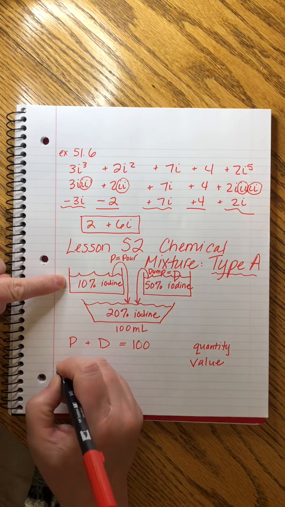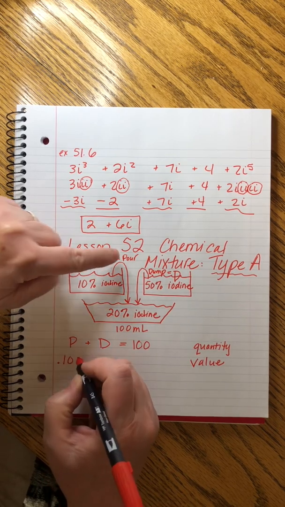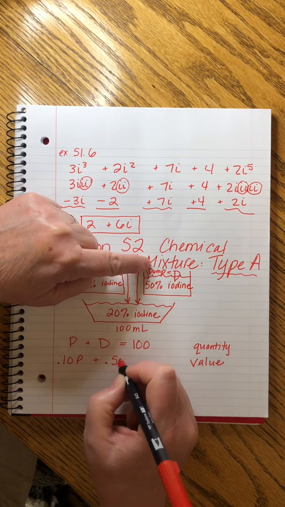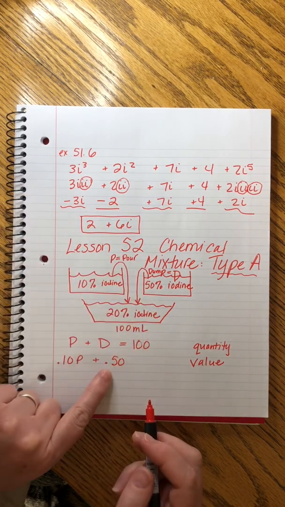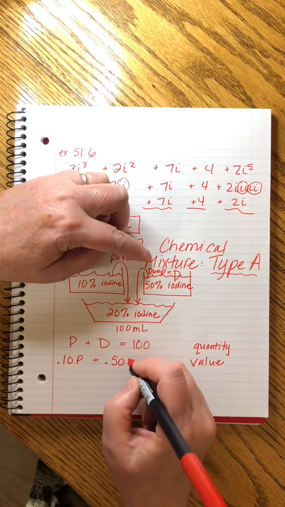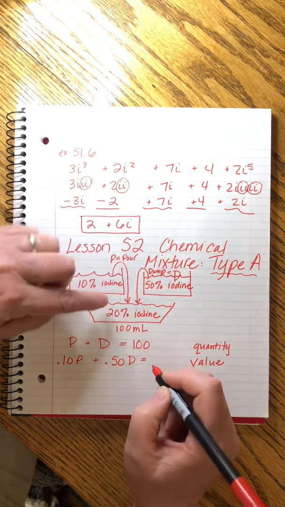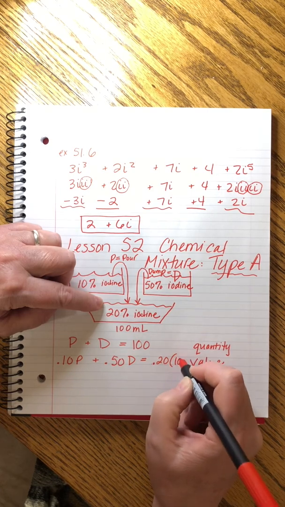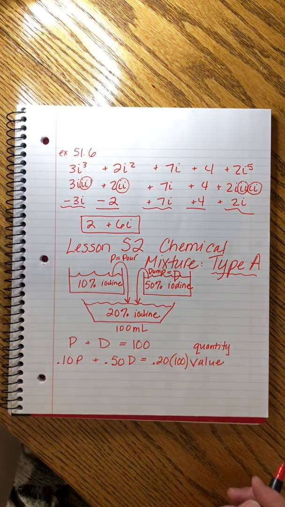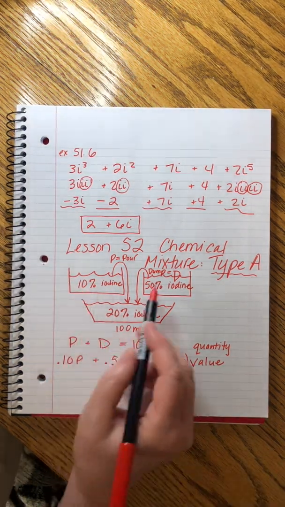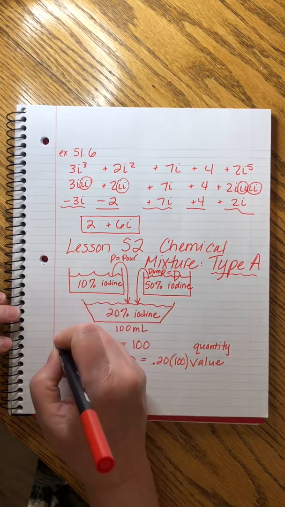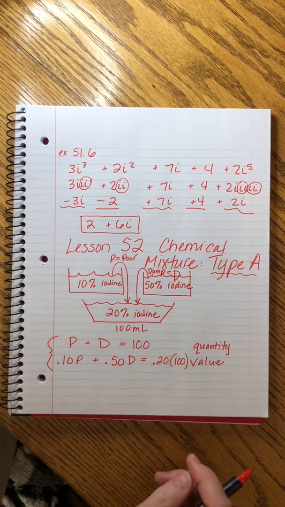So 10% is 0.10 times the amount that we pour in plus, right, instead of 50%, I'm writing 0.5 of the amount that we dump in will equal, if we do it right, 20% of the 100. Okay, so I'm just using these percentages against this original equation, and that will create the system that we can solve.